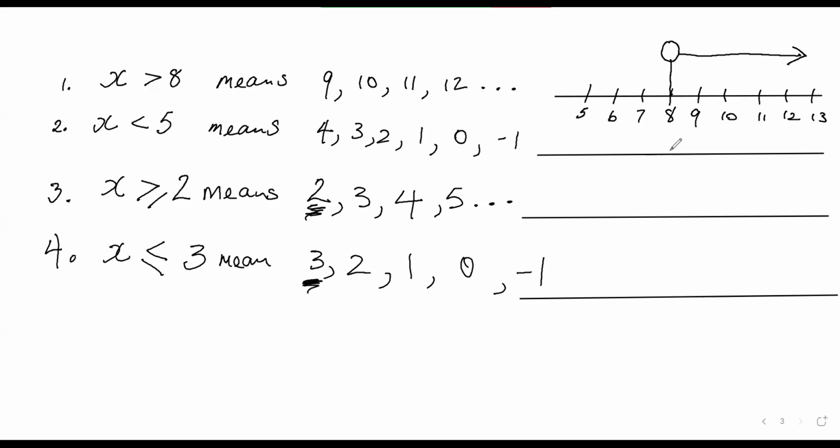So let me start with 0, 1, 2, 3, 4, 5, 6. Now with x is less than, let's put -1 and -2 and so on. So I have to start at 5, but I cannot make my circle solid. So all these numbers here are less than 5.